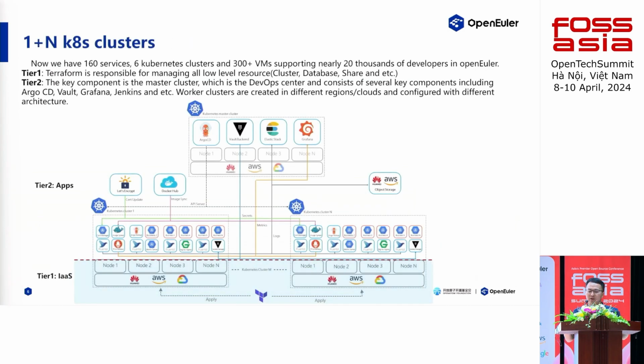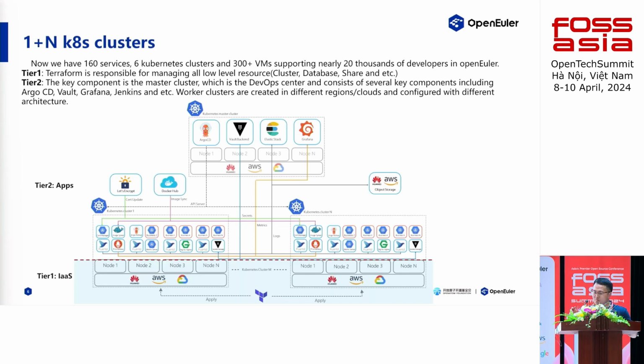In this part, I will give you the overview of infrastructure architecture. Actually, there are 2 tiers in our infrastructure. For the first tier, we use Terraform files to centralize and create all the basic IaaS resources, including the VPC, database, storage device, virtual machines, and the physical machines. For the second tier, it is all about the Kubernetes clusters.